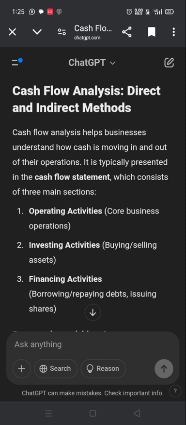First, that is your operating activities. In these activities, the core business operations are performed. Buying and selling assets are in investing activities of the cash flow statement.